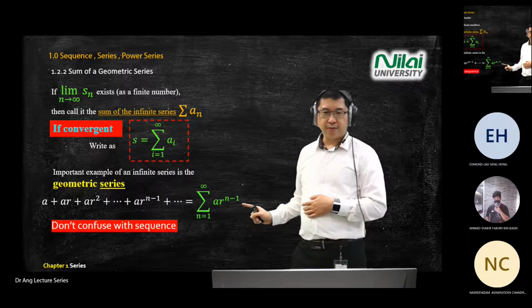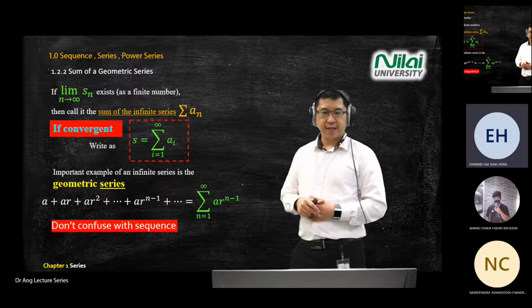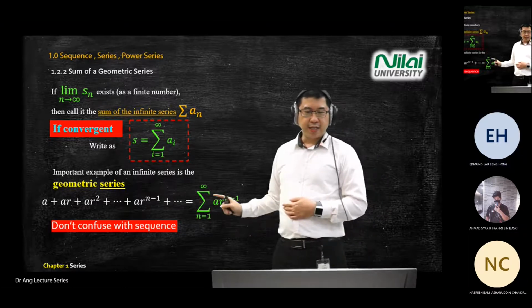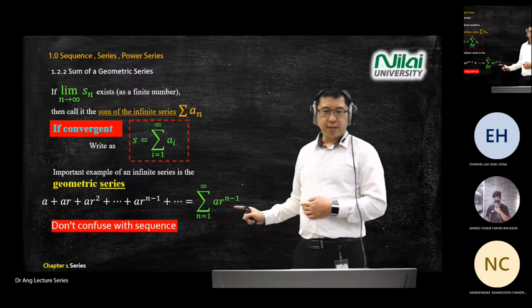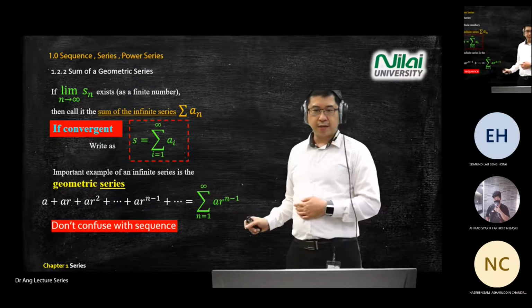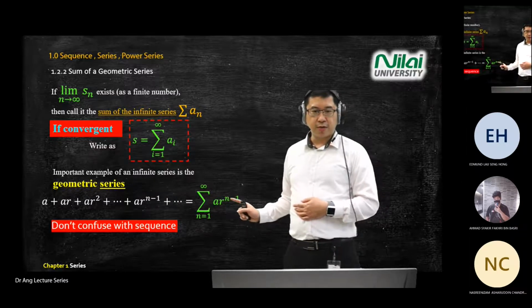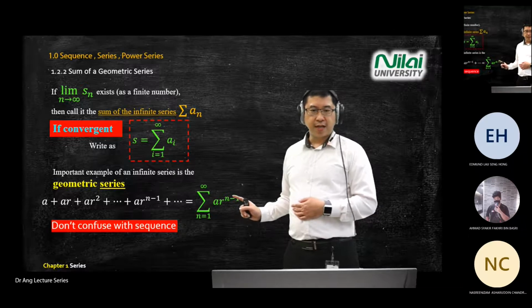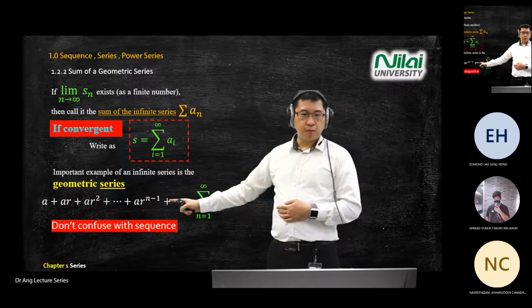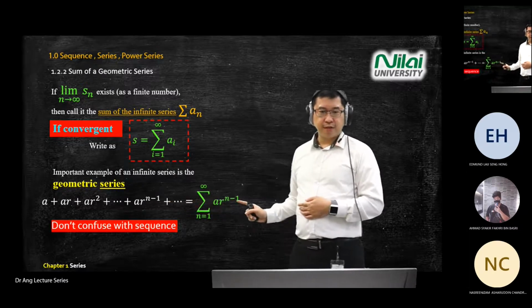Eman, do you understand what we are talking about? Yes, sir. Okay, meaning in geometric series the power is R power n minus 1, so the first one always gets 0, the second one will be 1, the third one you replace n with 3, 3 minus 1 gives 2, and so on. You always have minus 1 there.